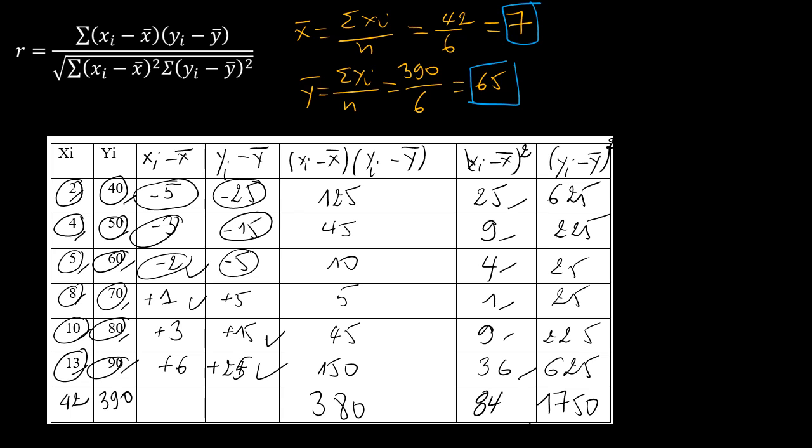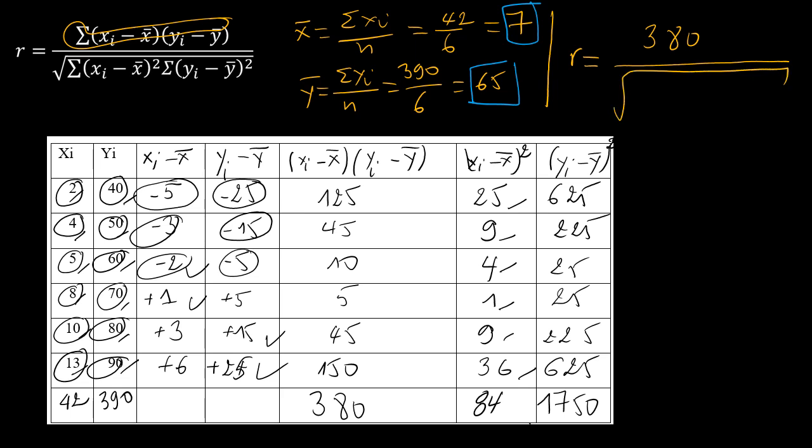So now we can easily calculate the R value. Here R is equal to 380 divided by the square root of 84 times 1715.